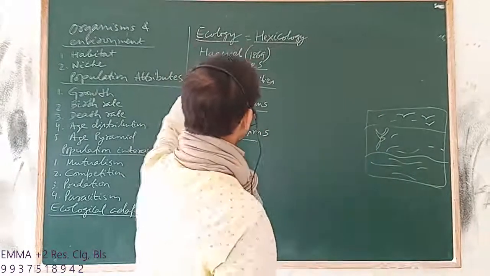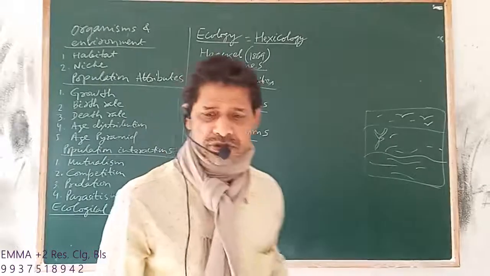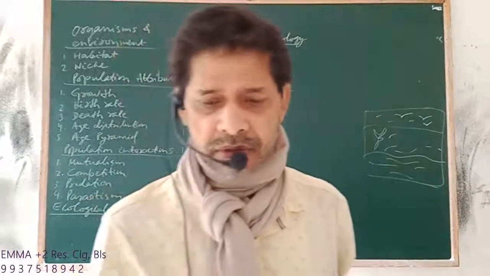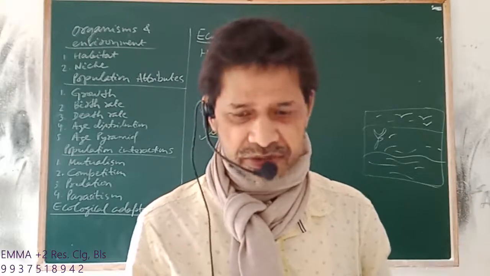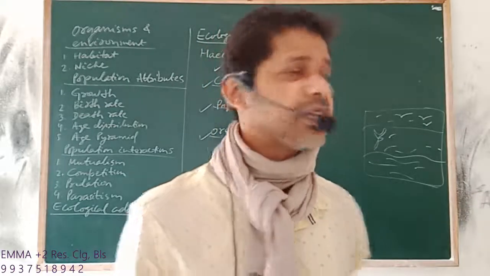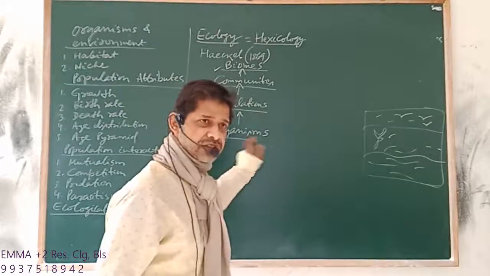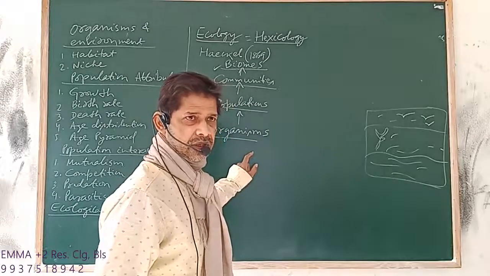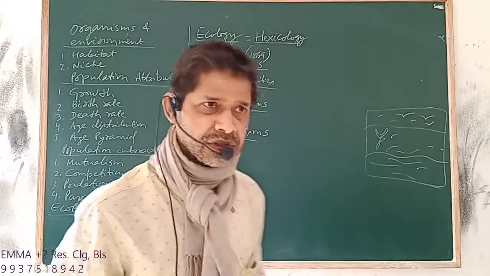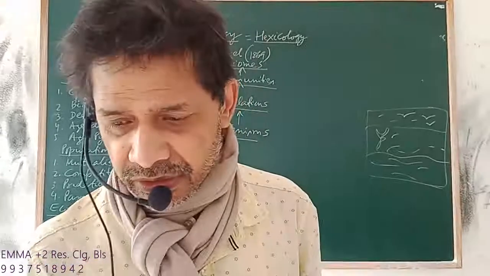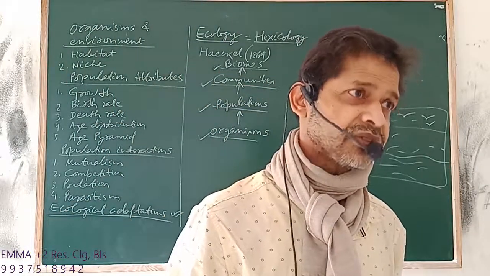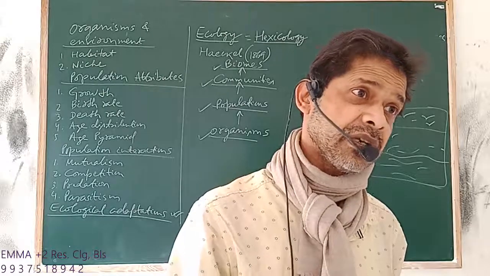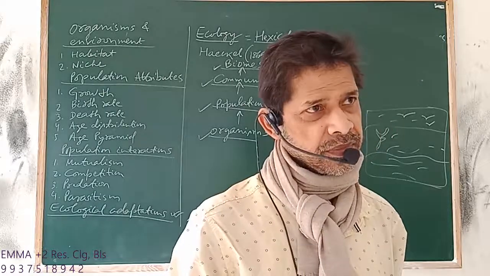So what is ecology? It is a branch of biology which deals with the study of interrelationship between organisms, their interactions and their interactions with the environment. That's why I am giving emphasis to environmental biology.